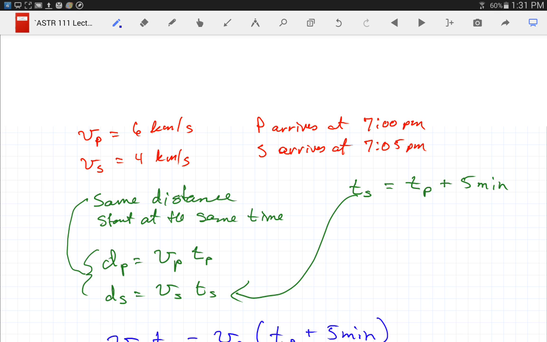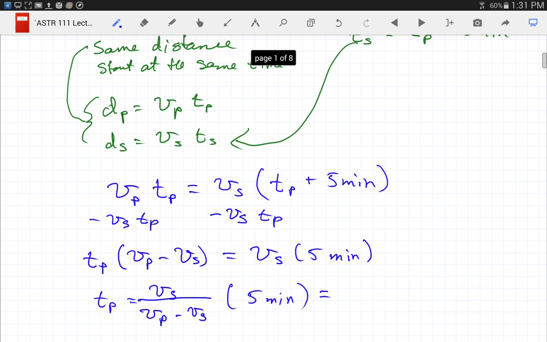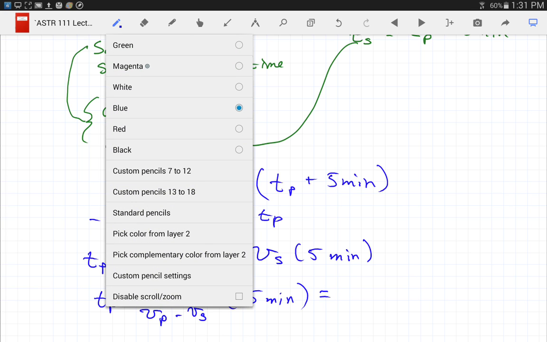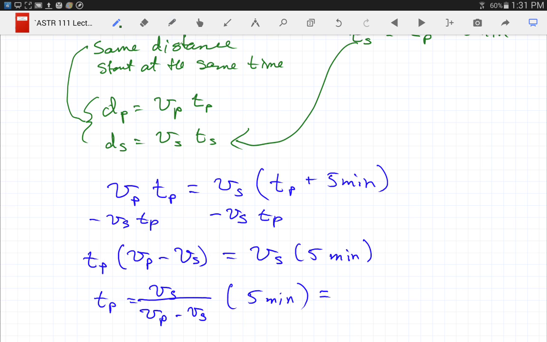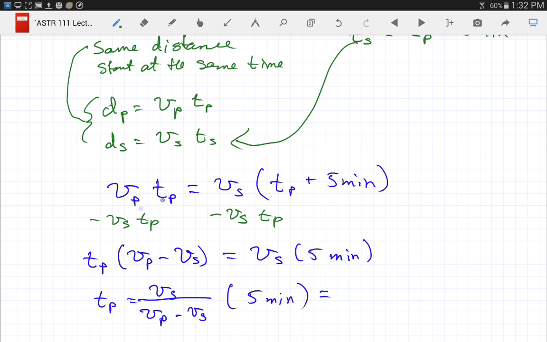You had a question? Yeah, can you scroll back down? What's the minus the velocity S time P, the second line in the blue writing? That was the step in between. Well, how did you get to that? I wanted to get the time P on the same side. So I had time P both here and here.